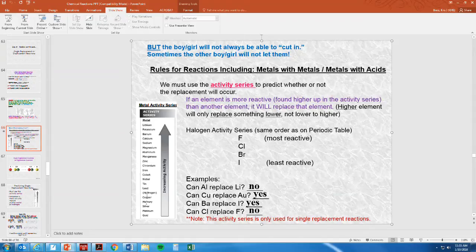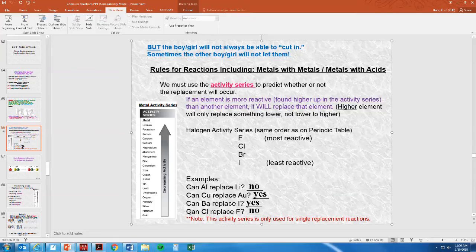Is iodine here? Iodine's not here, so it's actually a halogen. But barium is high in activity. Iodine is low in reactivity. So can it replace it? Yes, simply because barium has a high activity and iodine has a lower reactivity.